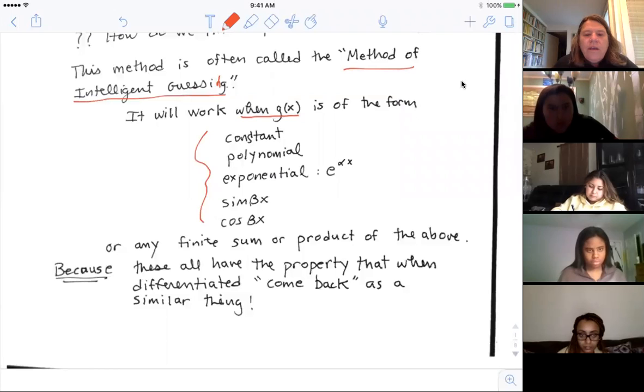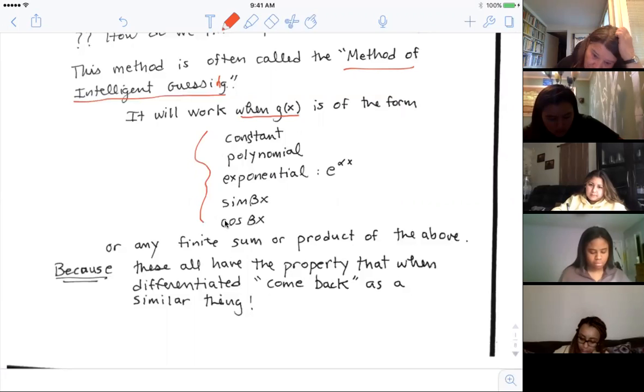We can use this method if we have a constant over there, or a polynomial. Those two are essentially one and the same, since a constant is just a polynomial of degree 0. Or if we have an exponential, a sine beta x, or a cosine beta x.